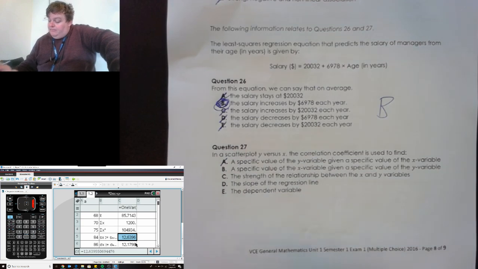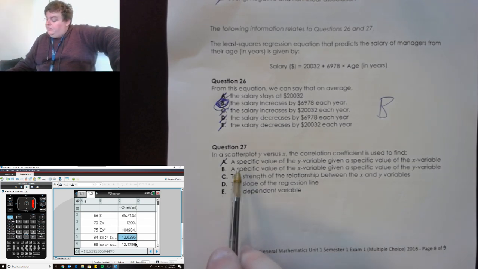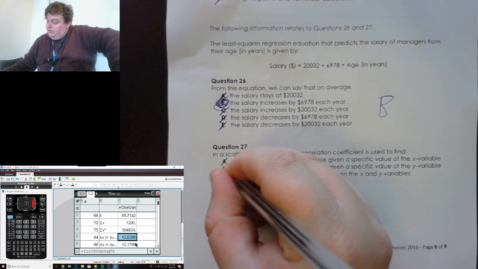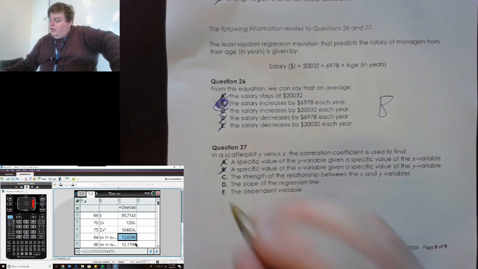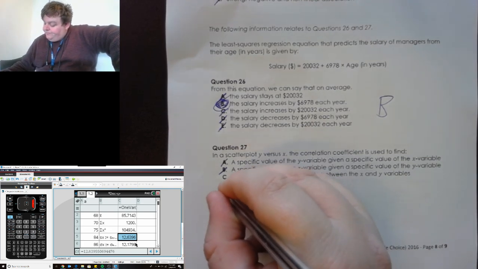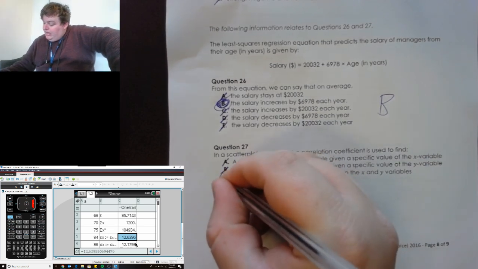That sounds like the least squares regression line. A specific value of x given a specific value of y. Well, that's wrong too, because again, that's a regression line. The strength of the relationship between the x and y variables, I'm pretty happy with that. The slope of the regression line, well, no. And the dependent variable, no, it's not that either. So it has to be C.